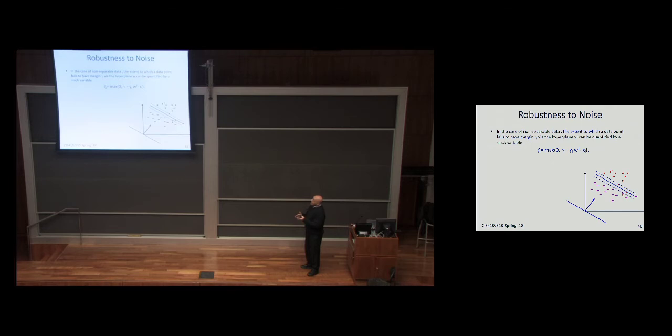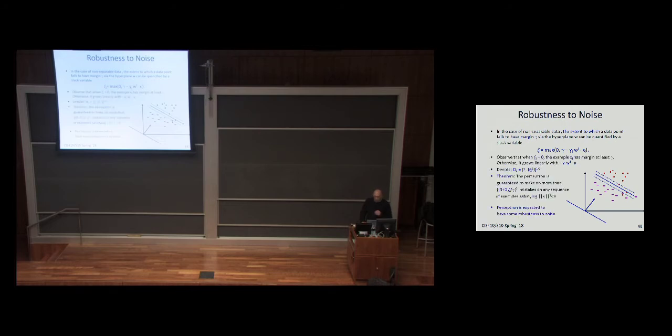If it's inside it, or actually moving to the other side, then this is going to be positive, and therefore the slack is going to be positive, which means there is some penalty that you want to incur. And as a function of that, we said we can actually quantify how bad it's going to be when Perceptron encounters data that is noisy or non-linearly separable.